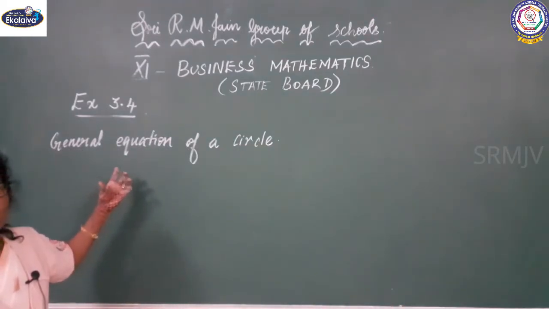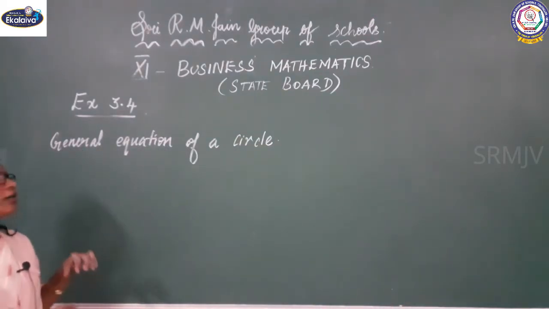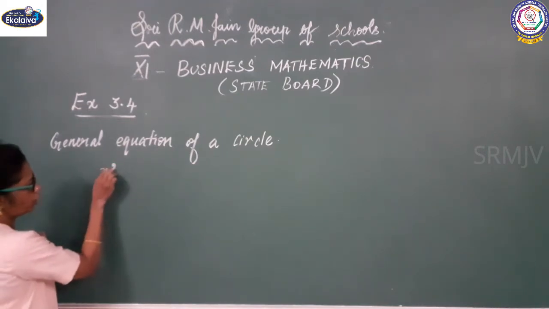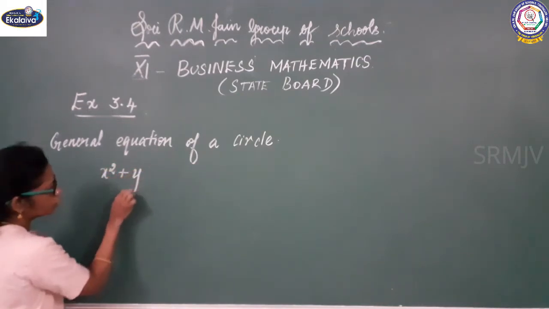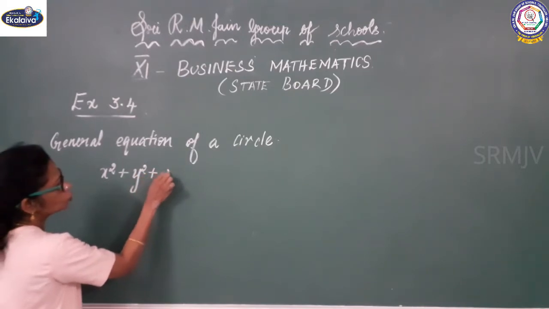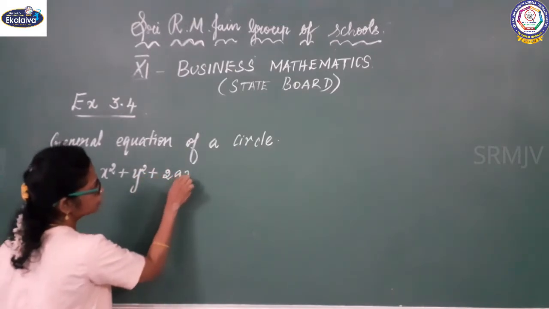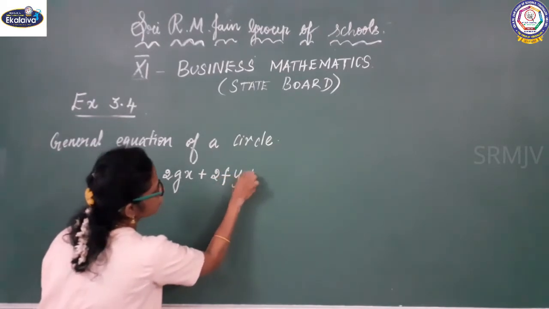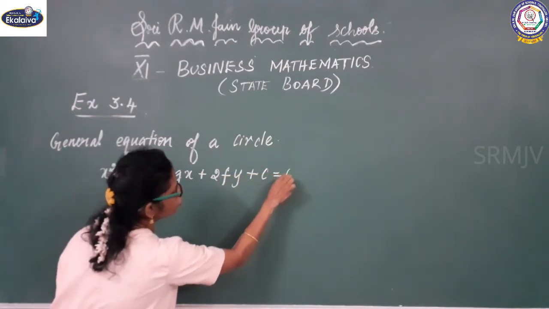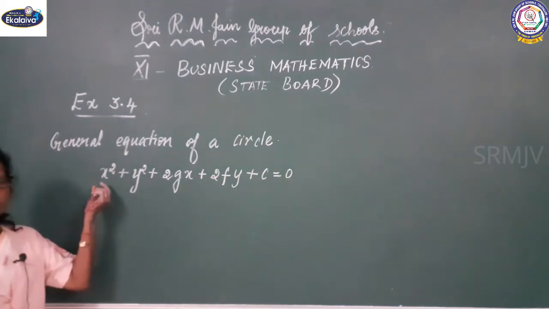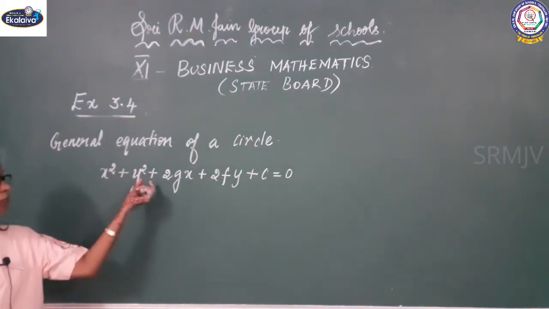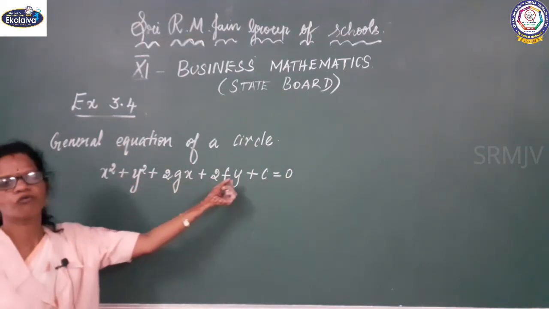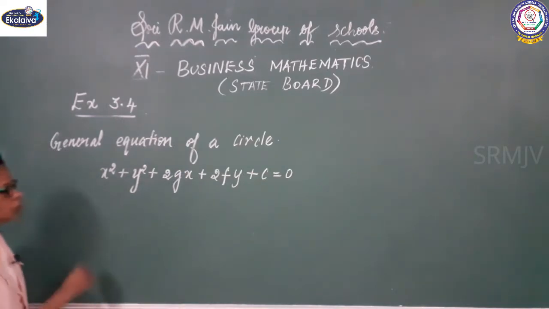Here I am going to give a general format, that is x square plus y square plus 2gx plus 2fy plus c is equal to 0.